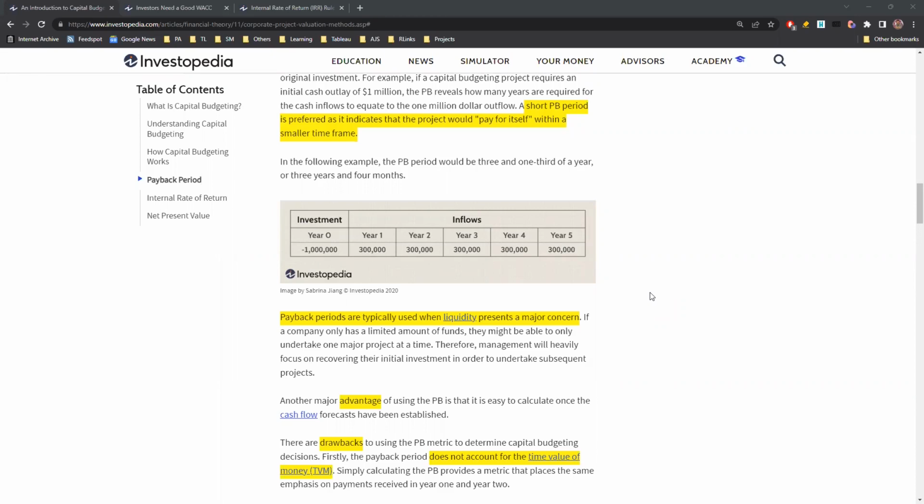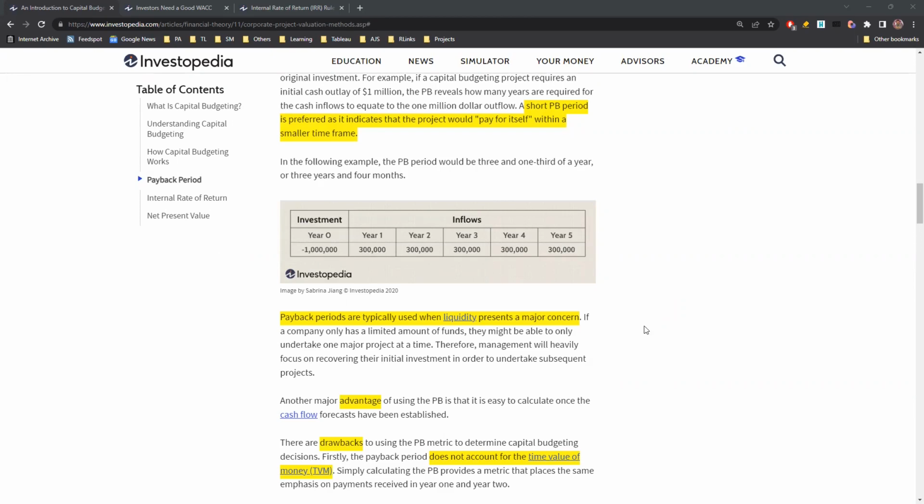That is why the focus is on the liquidity crunch. If there's a liquidity crunch, can we make it till we get the investment back? That is what this metric helps you get. If there is no crunch, then you shouldn't be looking at whether we can get the investment back. You should be looking at where we should invest so that we can get the most out of the money that we have. That is the difference between payback and NPV.